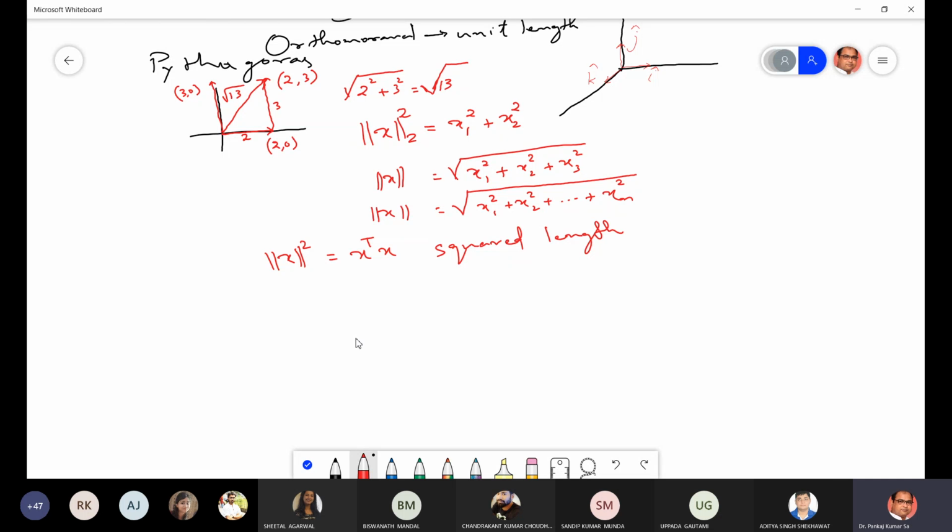Or here if you see, this becomes (2, 3) times (2, 3), that is equal to 13.